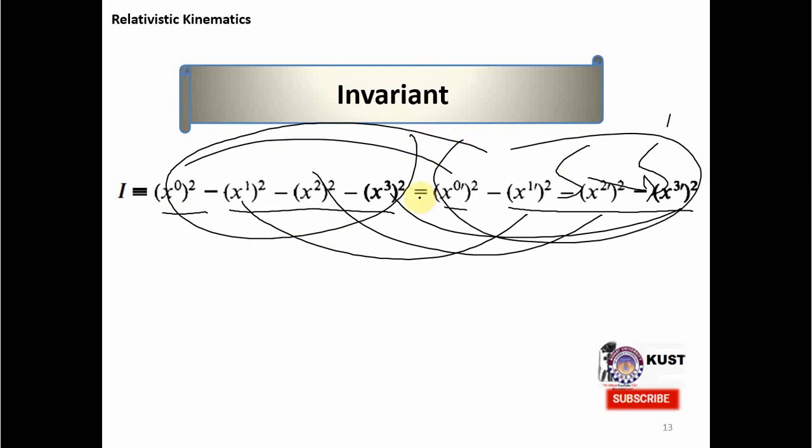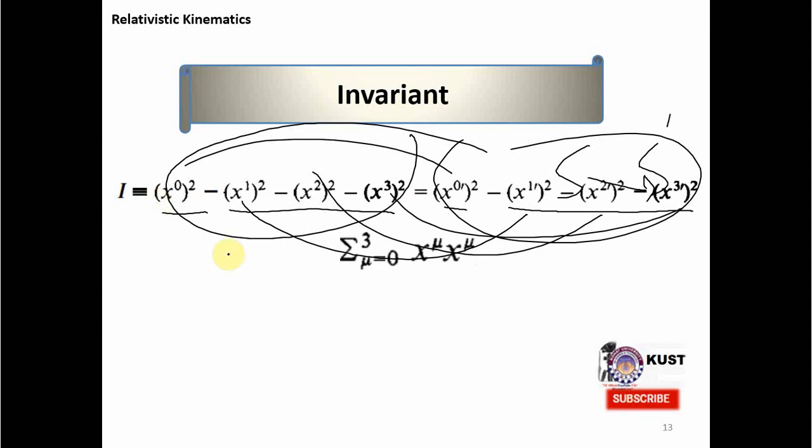We call it an invariant. There are different invariants, but this is the most important invariant. By definition, we call it a space-time interval. In the special theory of relativity, it can happen that space contracts and time dilates, but combined together, for both references, this will remain unchanged.